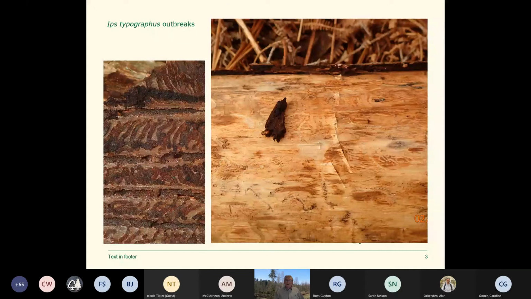So we've been keeping an eye open for this beetle for many decades.